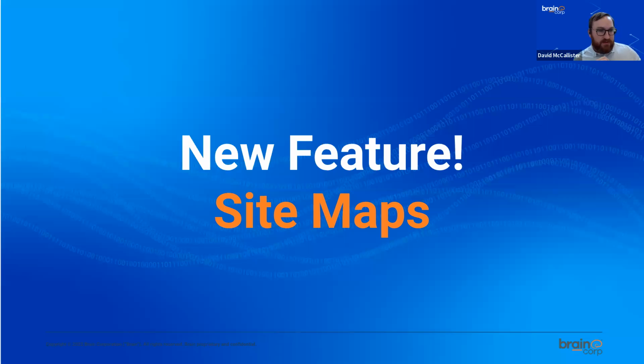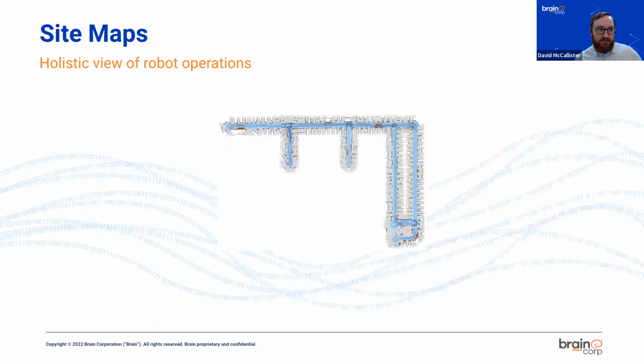And so now onto the final, I think, technical topic for today, a new feature we've just released, site maps. What we're trying to aim for here is a more holistic view of robot operations. What you see on your screen right now is our current route view.